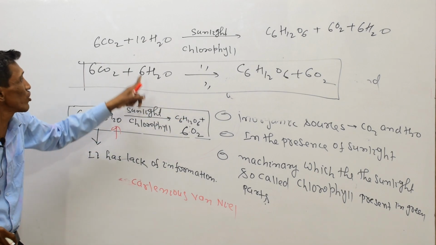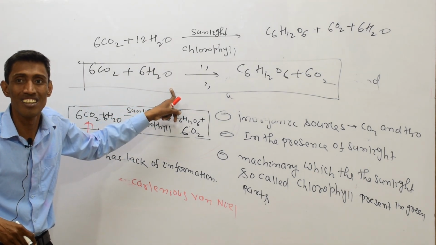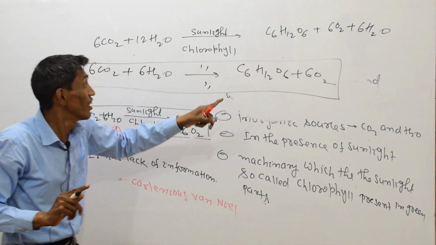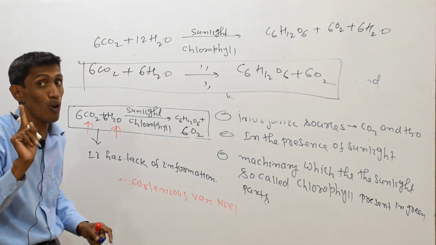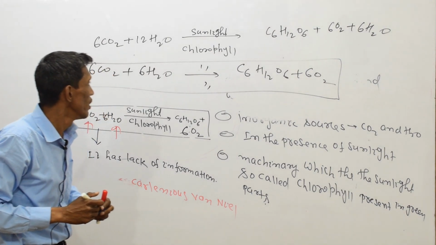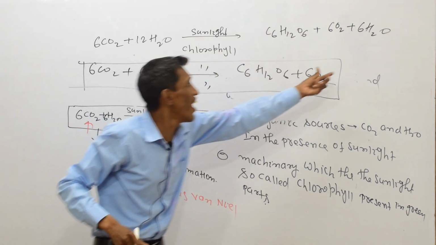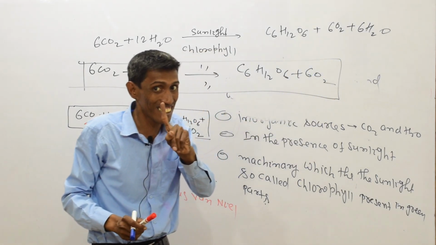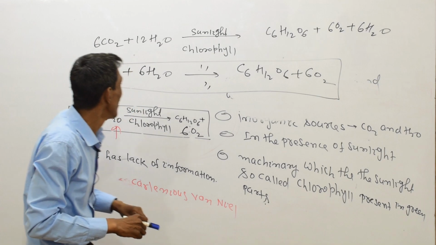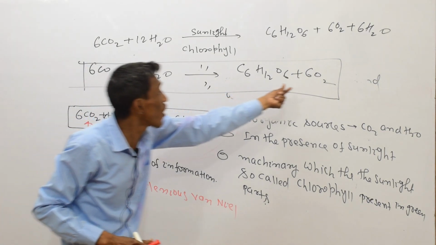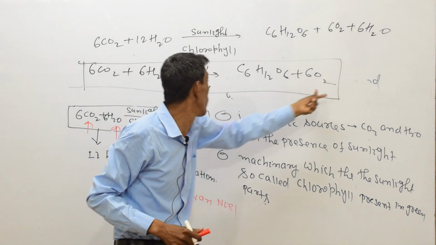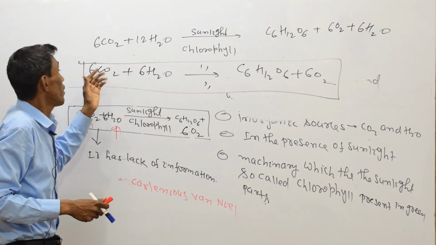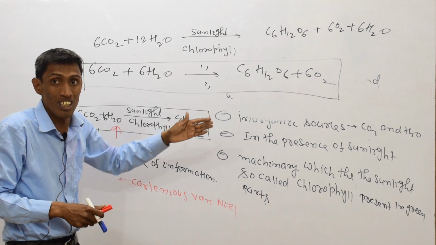This equation is not different from this, but it has a lacking. There are two lackings. One lacking is that no water is formed. Another lacking is that this oxygen is not only coming from water, but it may also be coming from the CO2, or maybe wholly from CO2.